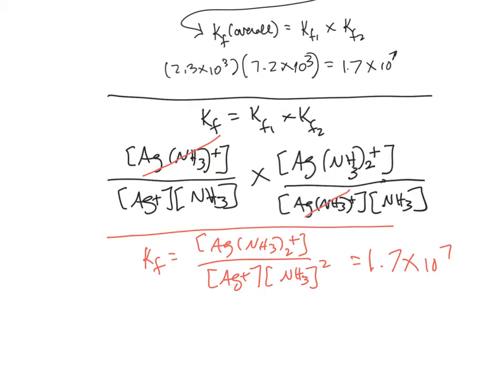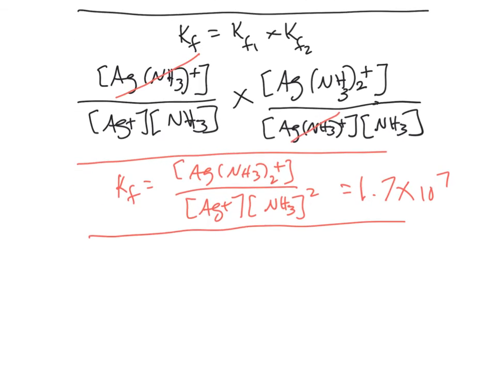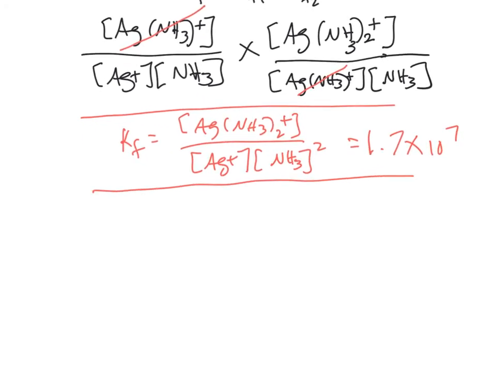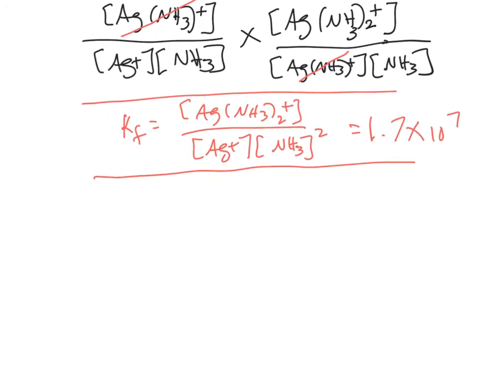All right, the next step is to talk about the dissociation constant. This is going to be very important in biochemistry, by the way. So there's a Kf and a Kd, and Kd is the dissociation constant.